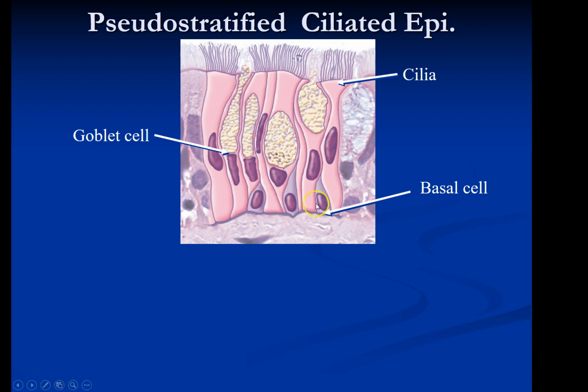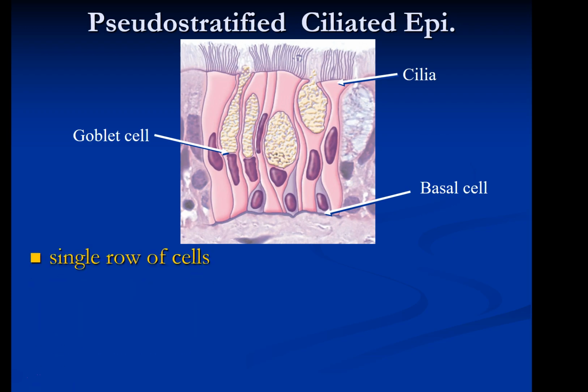It looks like we've got one layer here and another layer of these purple nuclei here. But what's happened is not all these cells have grown all the way up to the top. The ones that have, their nuclei sit about midway up, and the ones that don't force their nuclei down. So it gives this kind of stratified appearance. So they named it pseudostratified, not stratified, even though it looks that way.